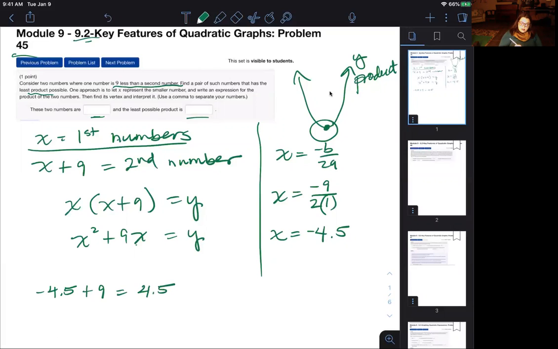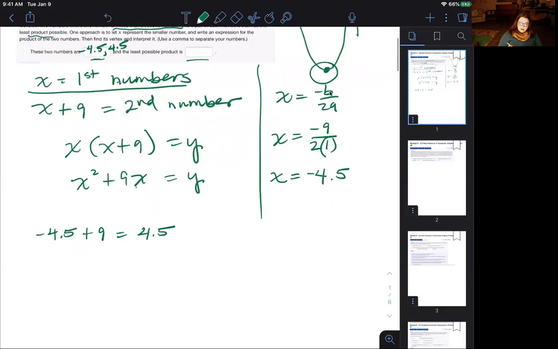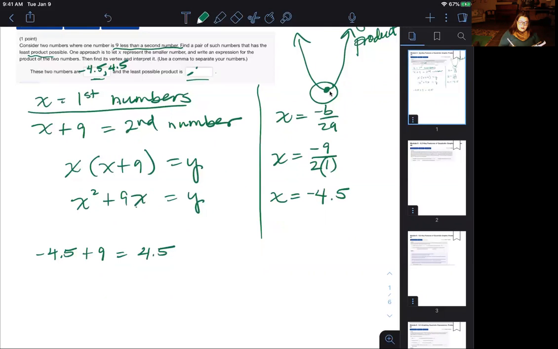One of the numbers is negative 4.5, the other number is 4.5, and if I multiply those two numbers together, I can either use Desmos to check this or use my calculator, 4.5 times negative 4.5, and I'm going to get negative 20.25 for their least possible product.